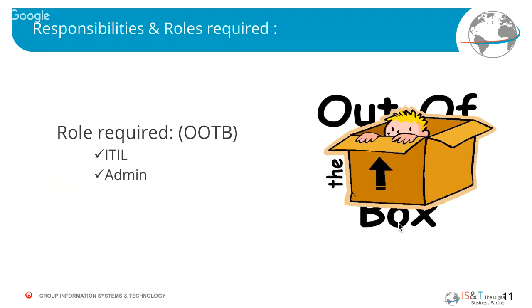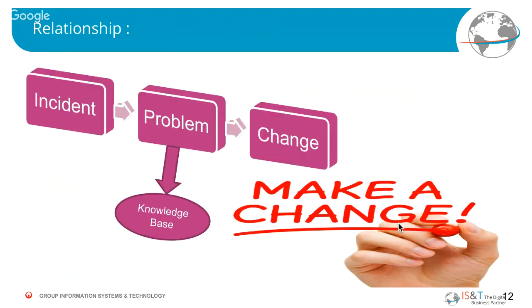Okay, so now let's see the relationships of problem management. Here we have incident, problem, change, and knowledge base. The incident is an unplanned interruption or reduction in the quality of an IT service. Incident management activities are focused on restoring services to normal state as quickly as possible.